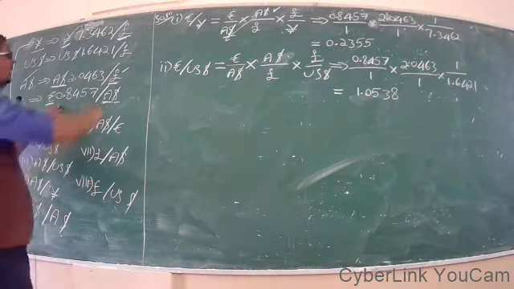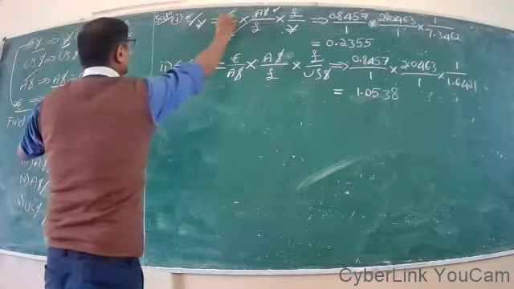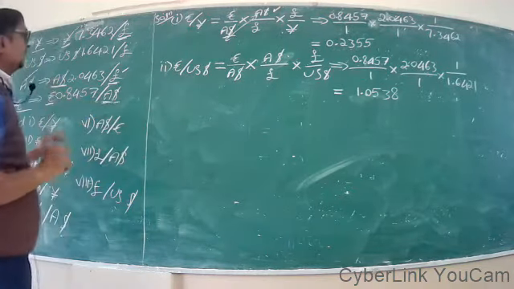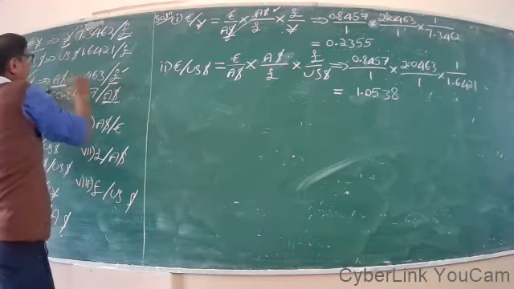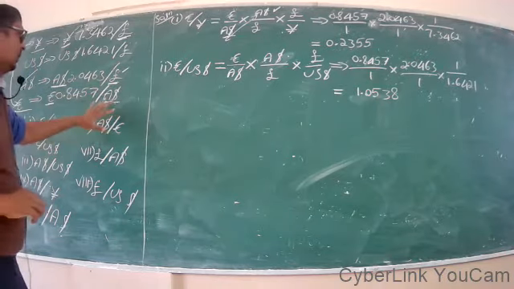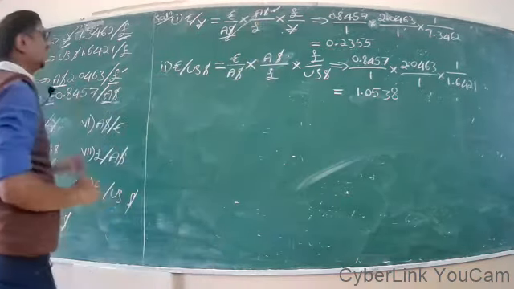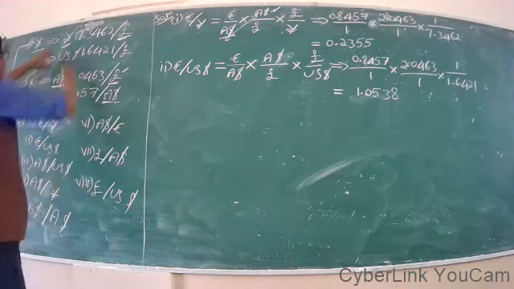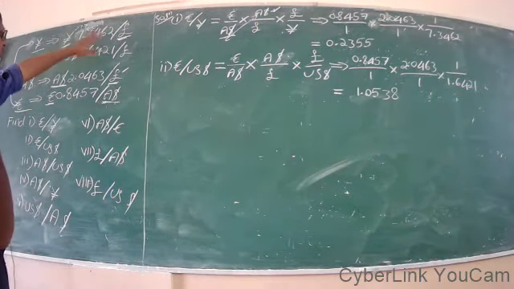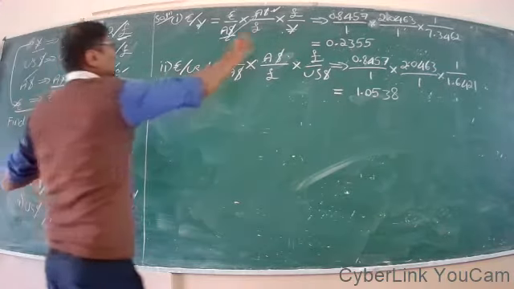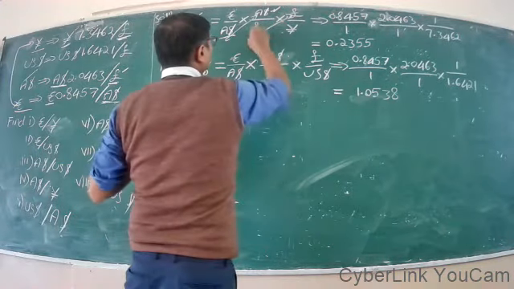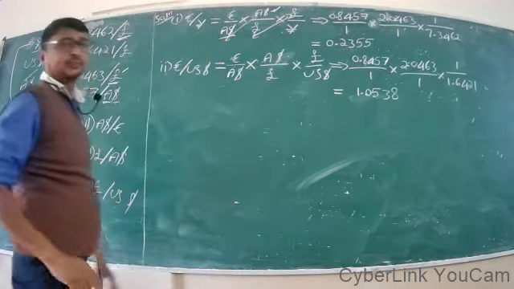Now I am calculating: euro per Australian dollar is given, and Australian dollar per sterling pound is also given. So this denominator and this numerator are the same. And another quotation we need is yuan to sterling pound, so that these two, numerator and denominator, are the same. Right?